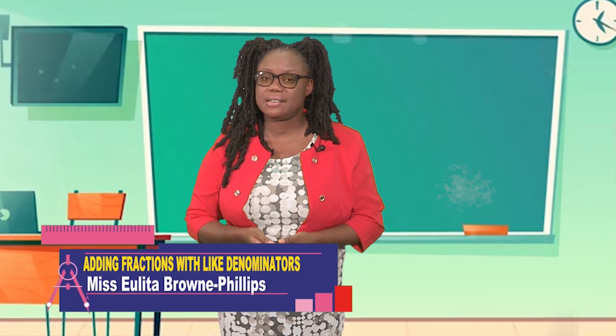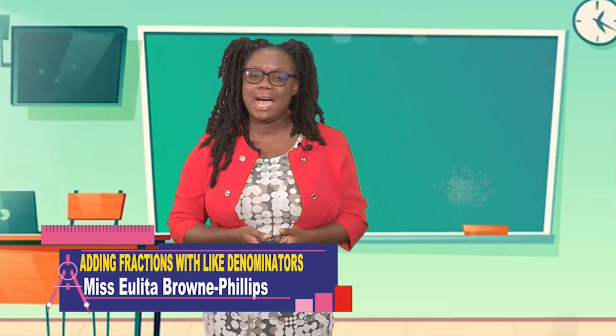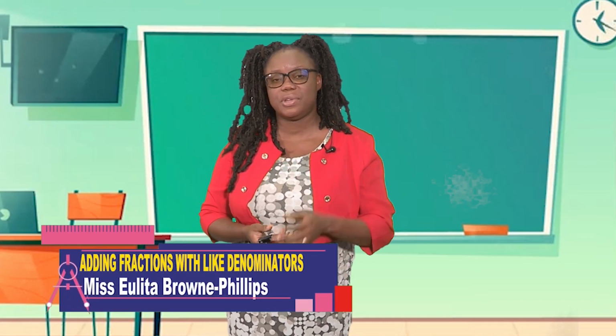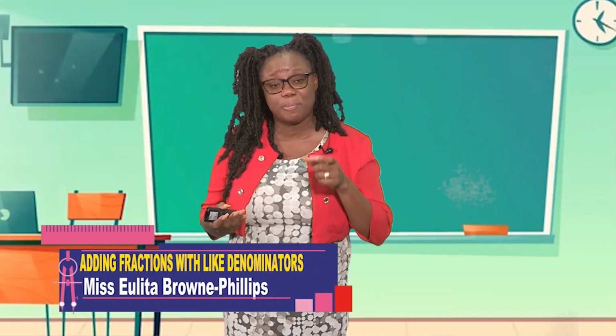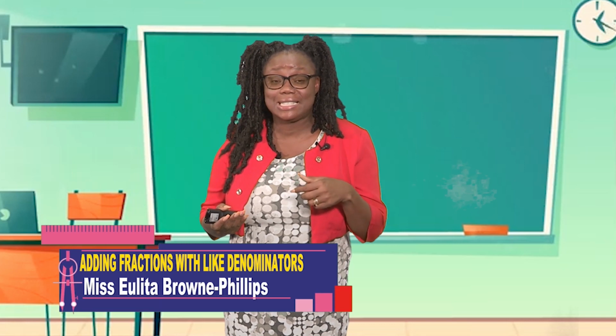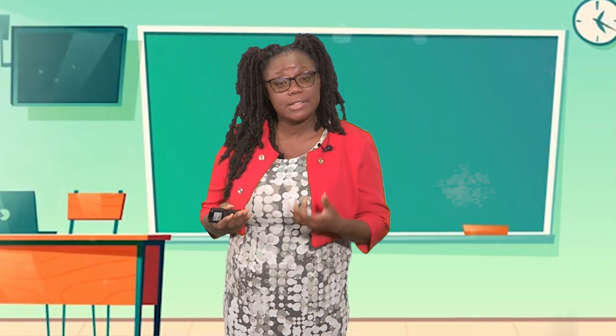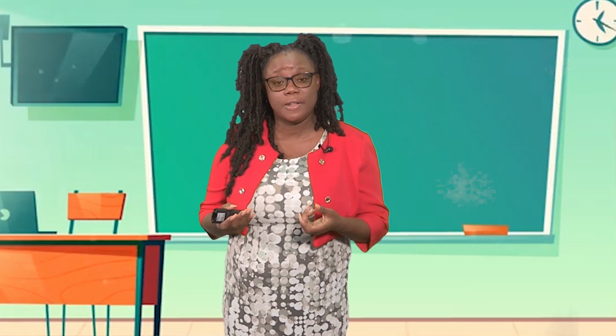So boys and girls, before we delve into the actual lesson, let's do a recap. Do you remember what a fraction is? A fraction is something that shows a part of a whole. It represents numbers that are less than 1. Isn't it amazing that you can have something to represent quantities that are less than 1?